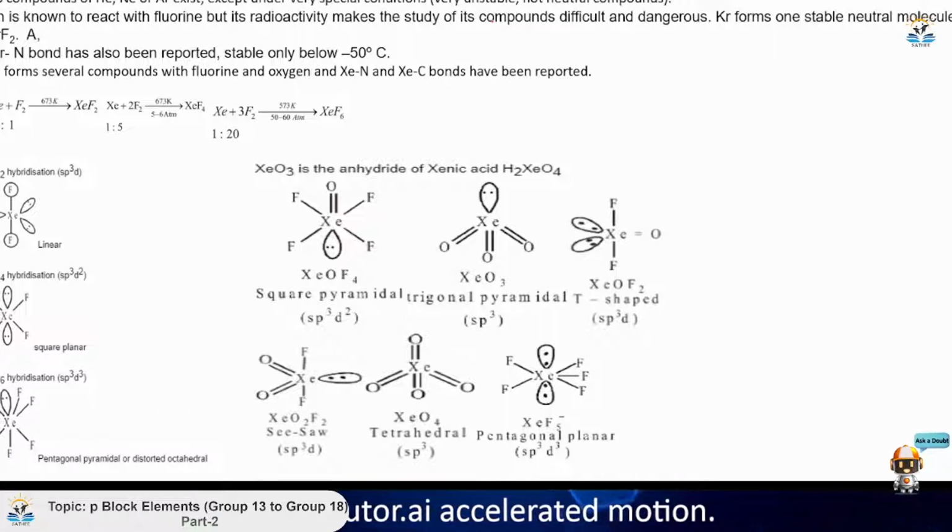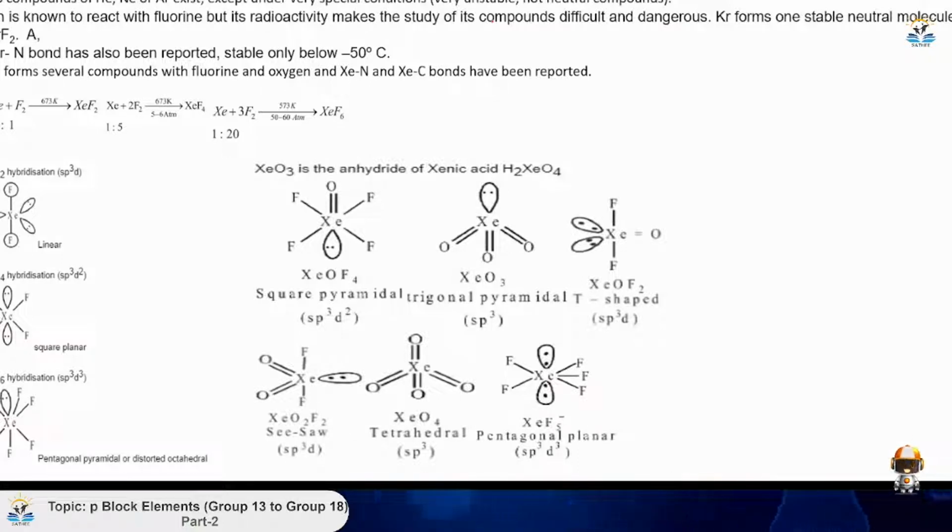So xenon is an element we would want to focus on, particularly in group 18. If you talk about xenon, the first ever compound of a noble gas was found by Bartlett, and he made a complex compound.